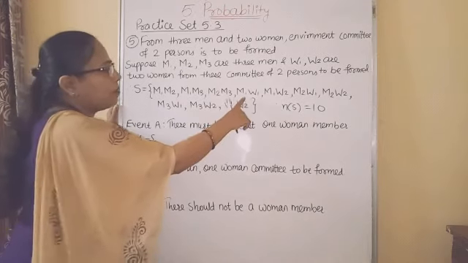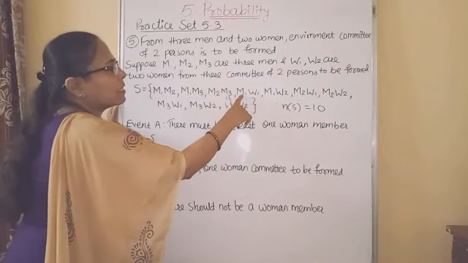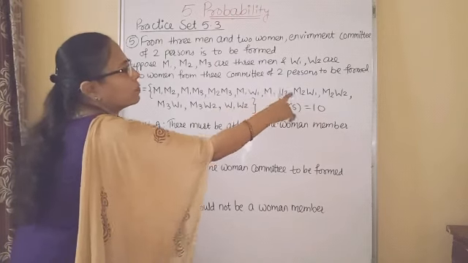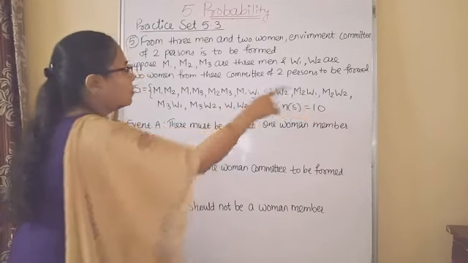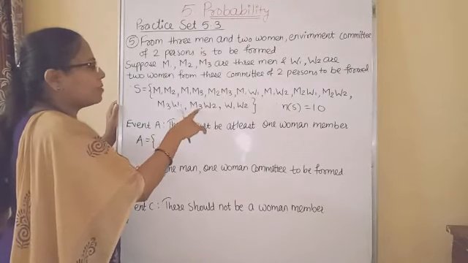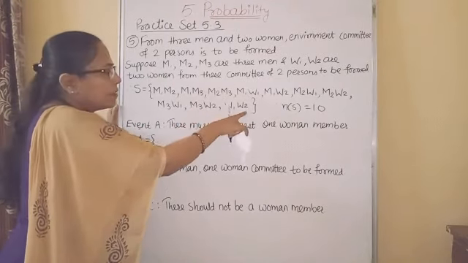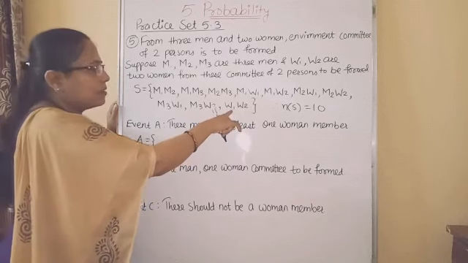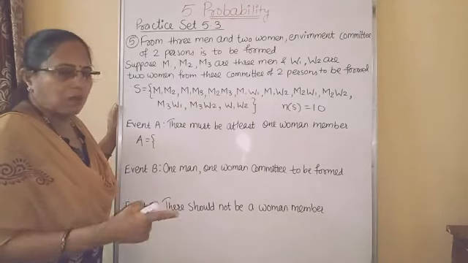From this result we will write all results: M1 W1, M1 W2, M2 W1, M2 W2, M3 W1, M3 W2 and W1 W2. This result we can also take because we want a minimum of one woman.